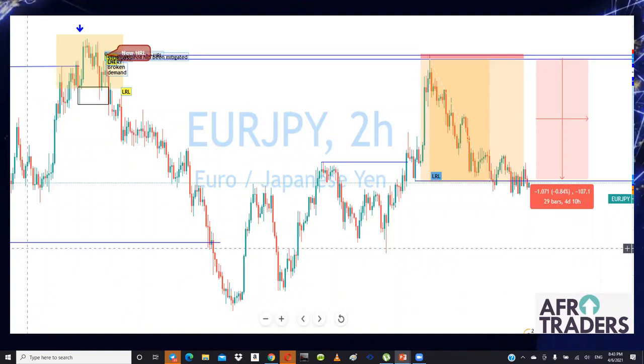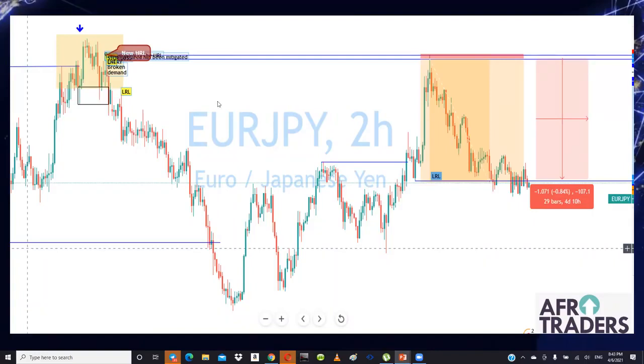Yeah, my question is, what happens, or can we make any meaning if price takes out a high resistance liquidity? Does it mean that probably the trend has changed, or no, like what can we definitely make out of that?